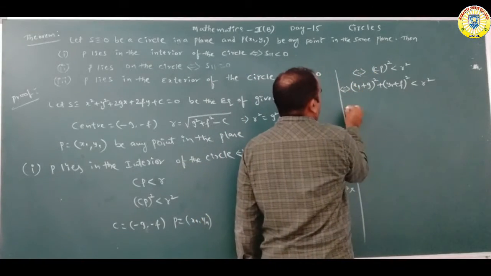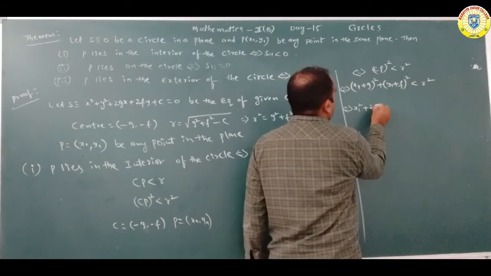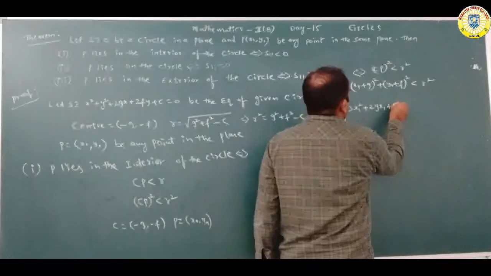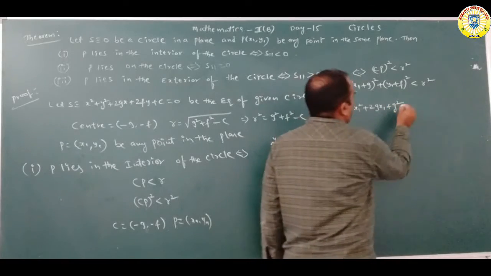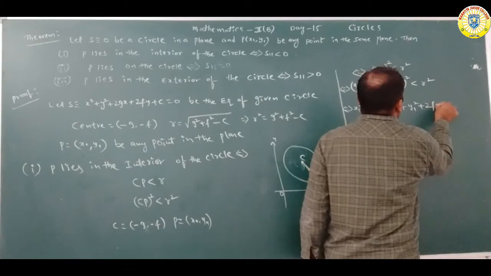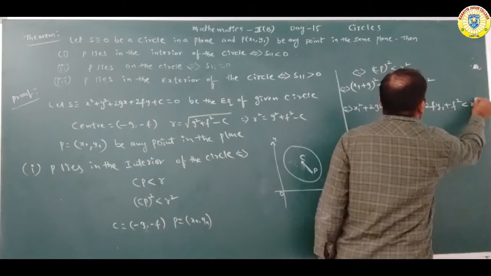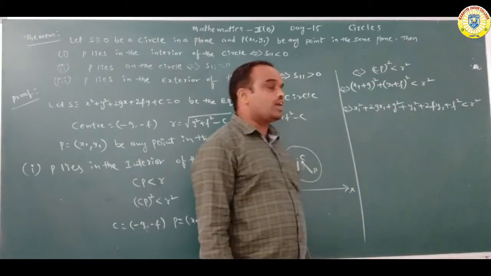Now we are expanding this one: x1 square plus 2gx1 plus g square plus y1 square plus 2fy1 plus f square less than R square. But we have the R square value.